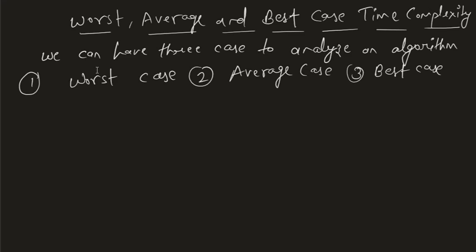Below is the algorithm for performing linear search. Here we are taking a function search. In this search function, we are taking an int type array, an integer n, and an x.